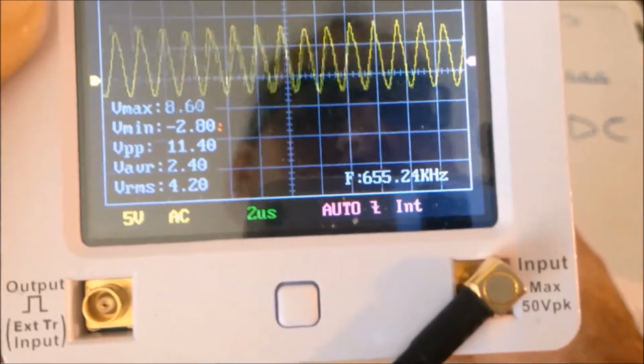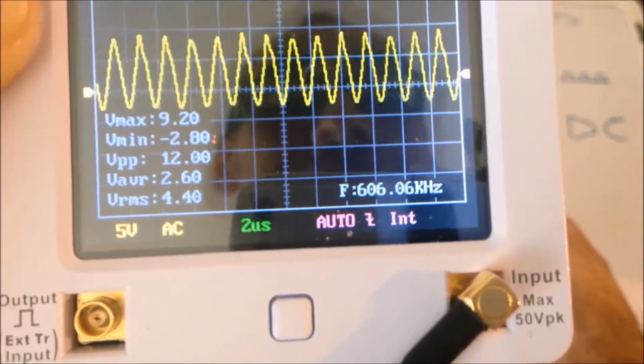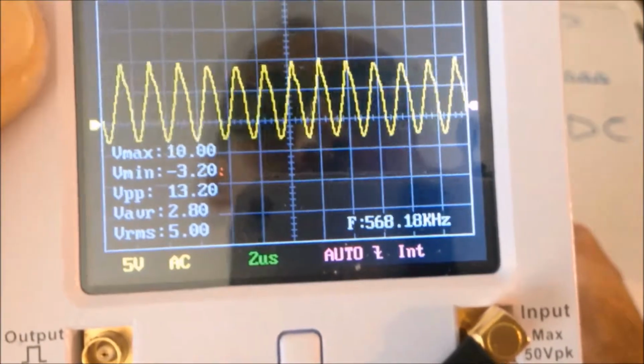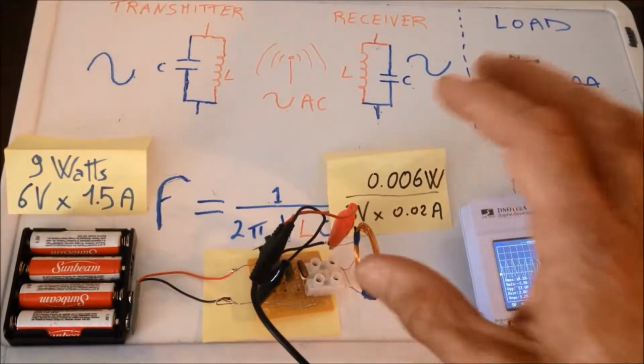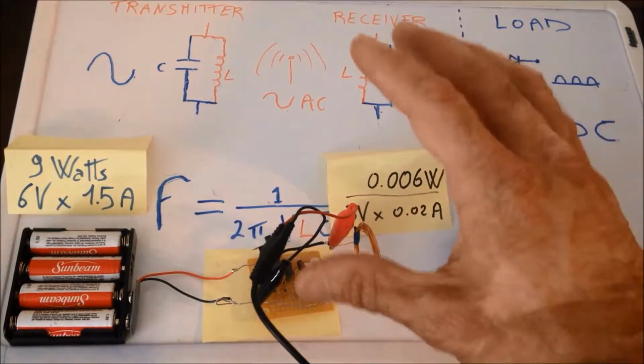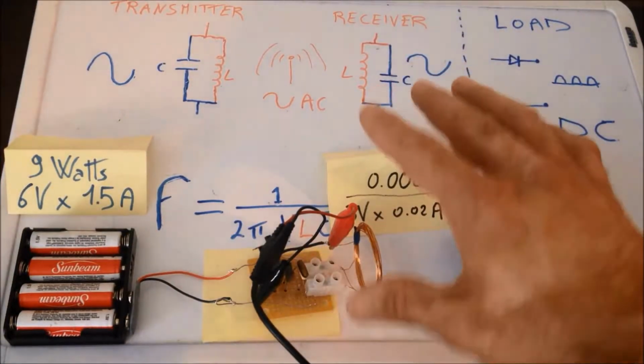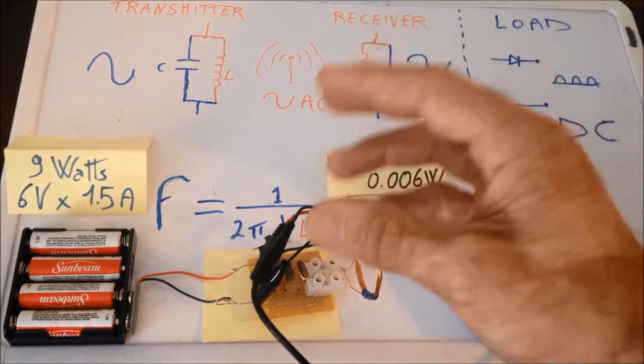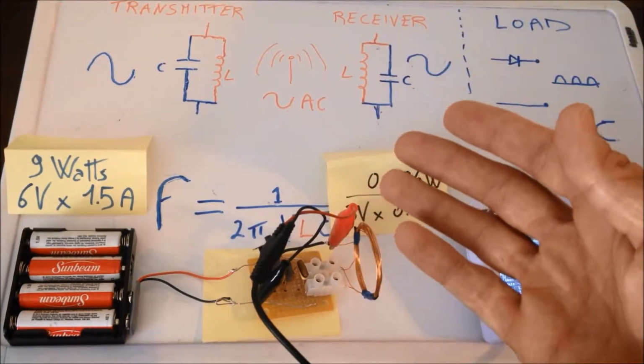More than 2 volts anytime you apply a load to it. So can you really light 1500 LEDs? Well, I don't think so. As you can see, it works very well. But gathering energy out of wireless transmission is definitely a very inefficient system.